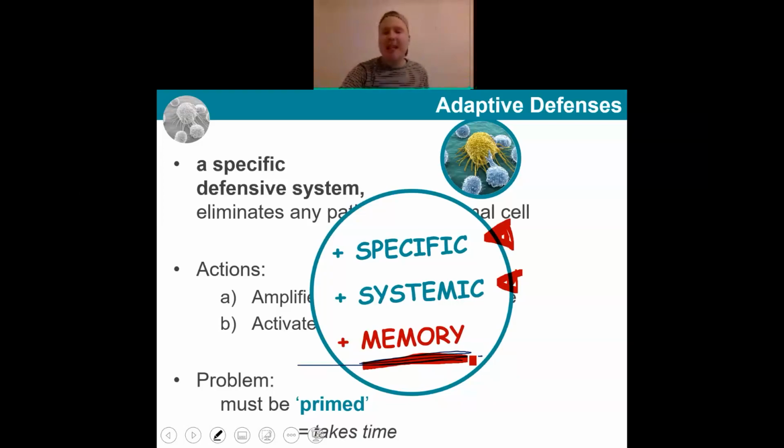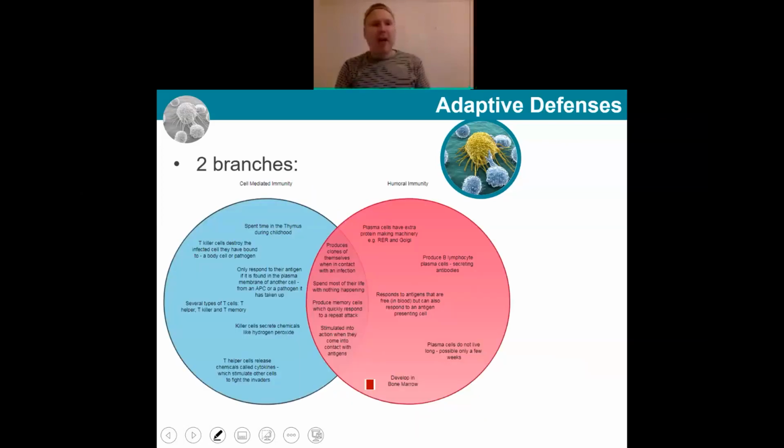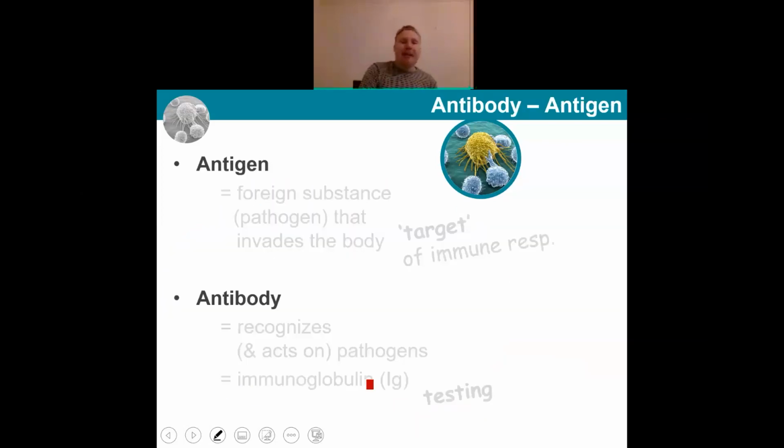So it is good only on the second time when you meet that pathogen. So how it works is through various different mechanisms, through antibodies, B cells, T cells, and activation. And let's have a look at those.